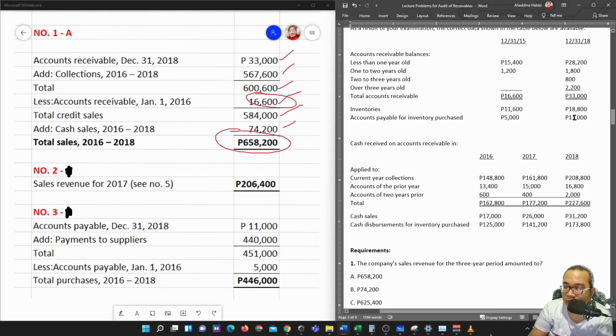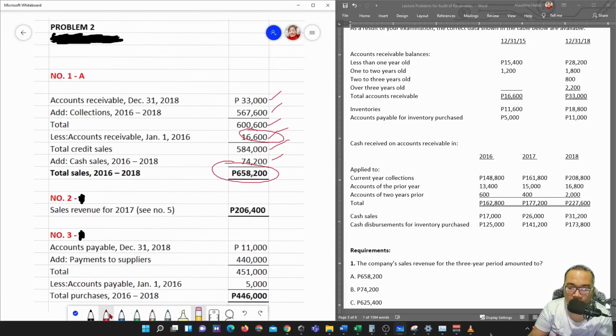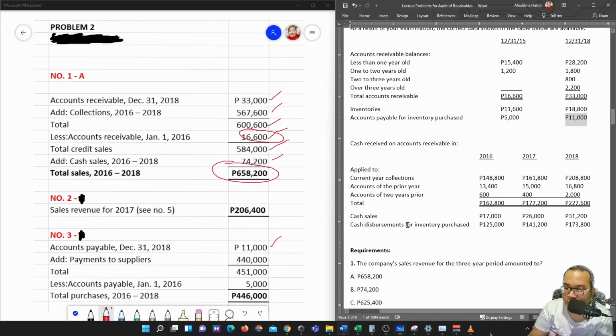Accounts payable for inventory purchase, ito. Kasi ang tinatanong, total purchases. So, hindi lang purchases on account, but also those purchases that you paid by cash. So, 11,000 yung inventory purchase. Then, yung payment to suppliers, nito sa baba, cash disbursement for inventory purchase.